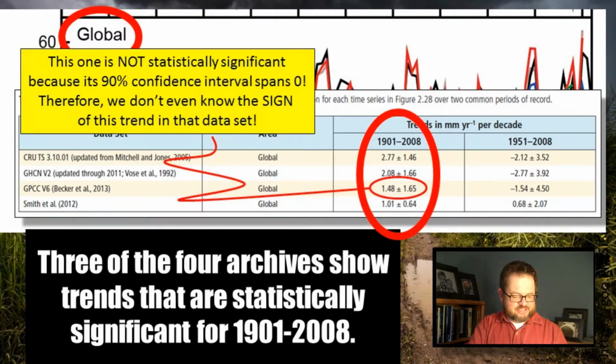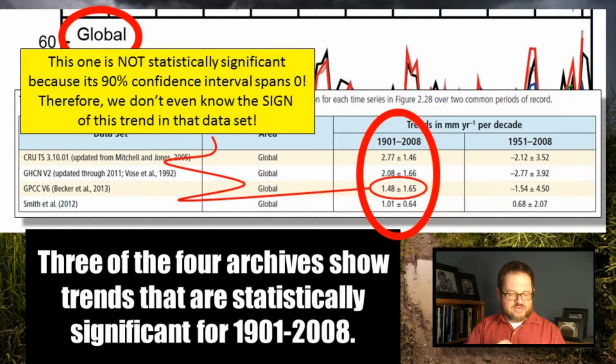That data set, GPCC version 6 from Becker et al., their global average trend was 1.46 millimeters per year, plus or minus 1.65 millimeters per year. Well, their 90% confidence interval spans 0 and even includes some negative trends, right? There's a 90% probability that somewhere in that range, well, some of those ranges don't even have the same sign.